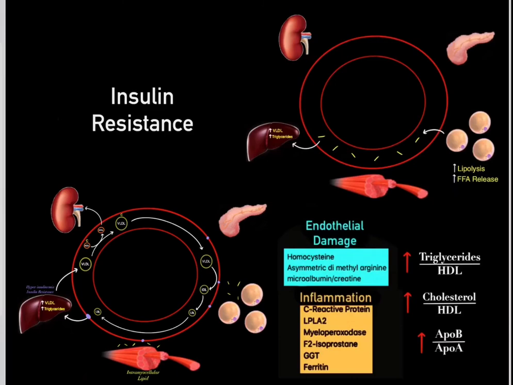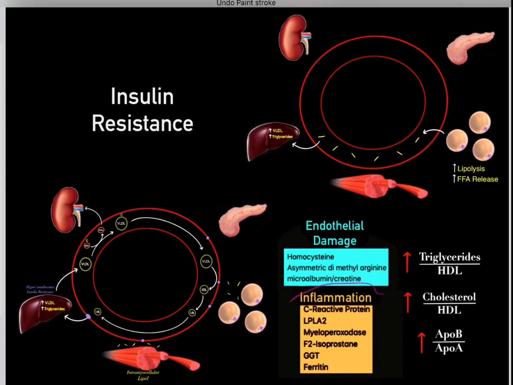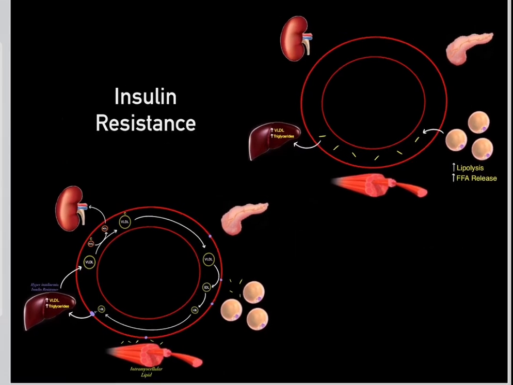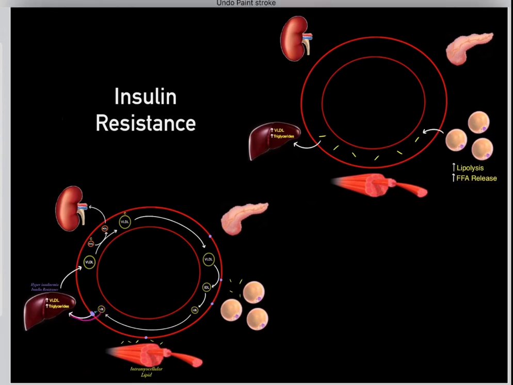Also, it's good to look for certain biomarkers of endothelial damage and inflammation. So these are some of the key biomarkers for endothelial damage, and these are some of the key markers of inflammation. So normally these LDL particles would run into the LDL receptor, which will then lead to the LDL particles being taken up back into the liver.